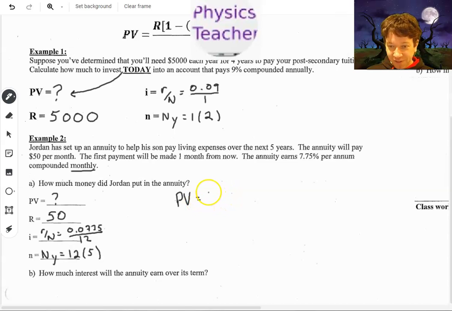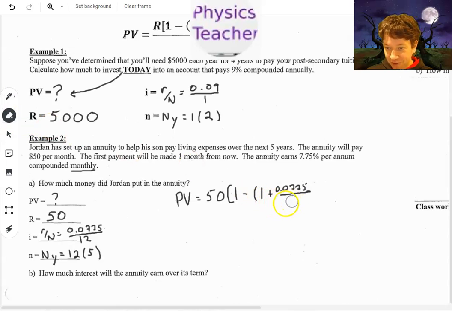It's going to be 50, so R, times 1 minus 1 plus I, which is 1 plus 0.0775 over 12. Not 5, 12.